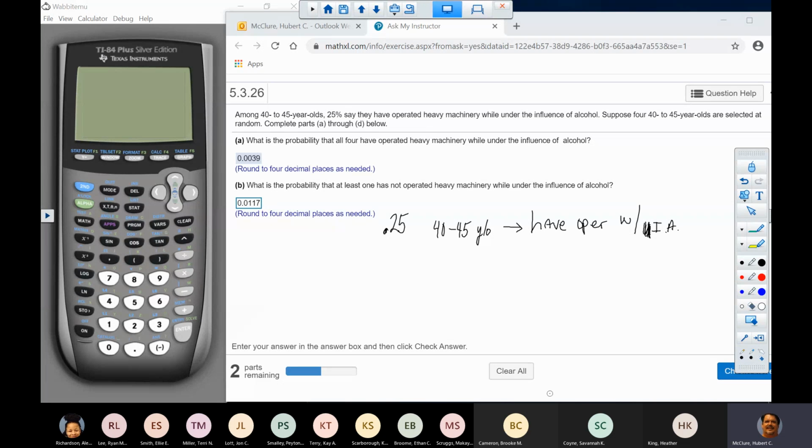So somebody tell me what the complement of that is. What's the complement of 25%? 75% not. So 75% have what? Have not operated with under the influence.